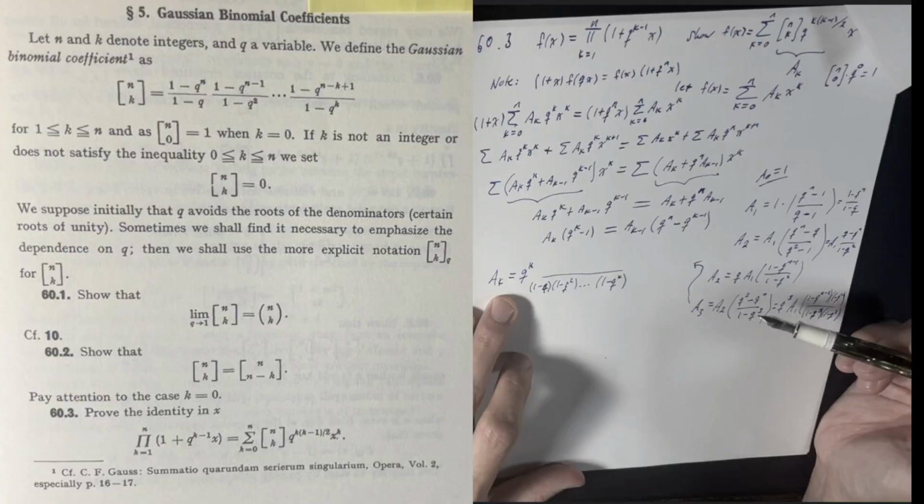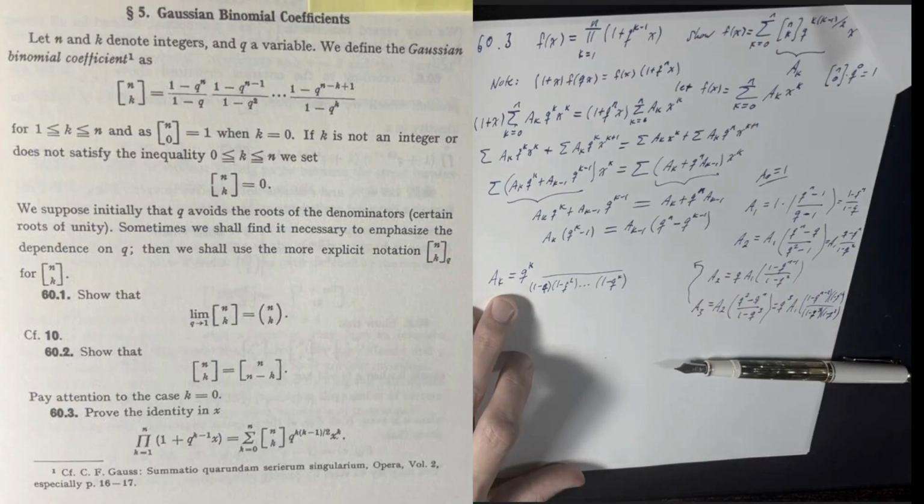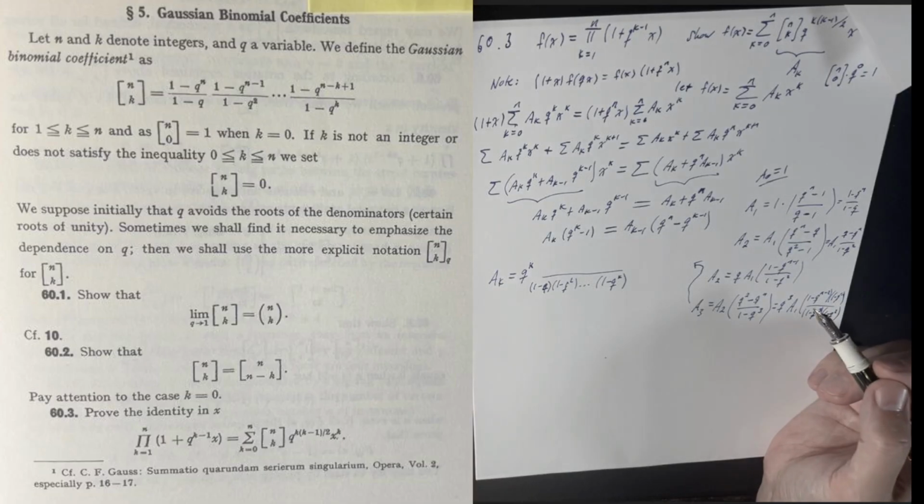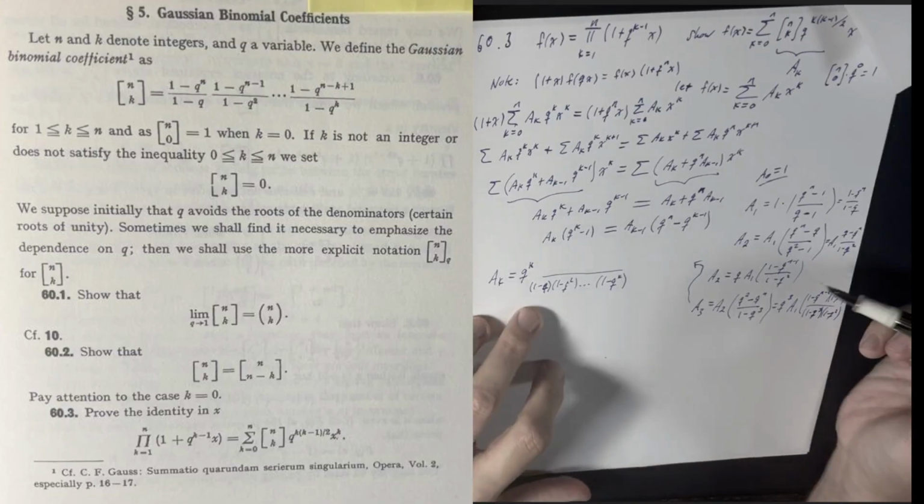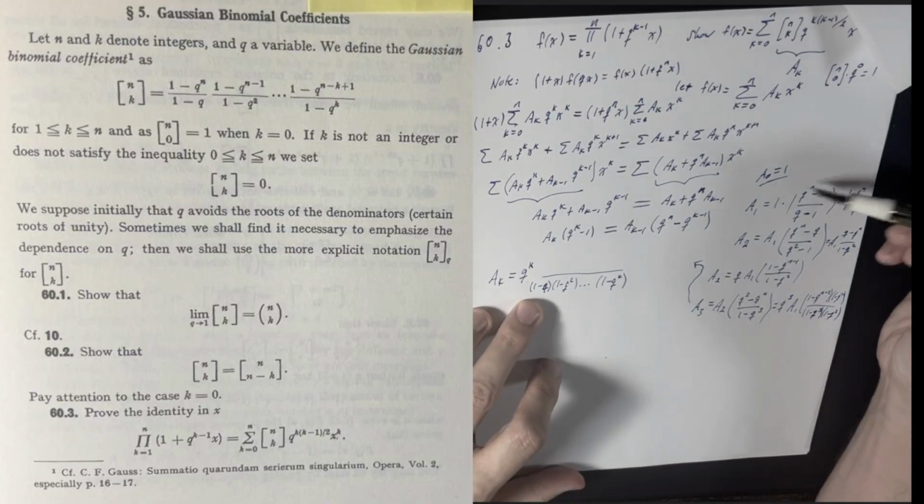And then upstairs, of course, we started with 1 minus q to the n.